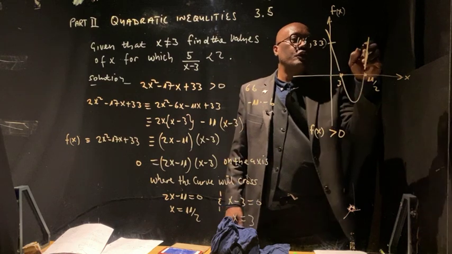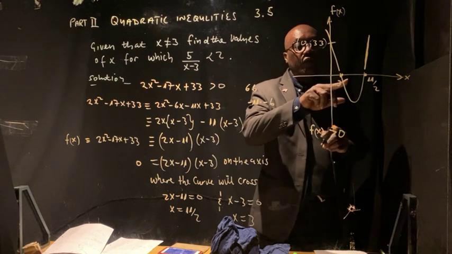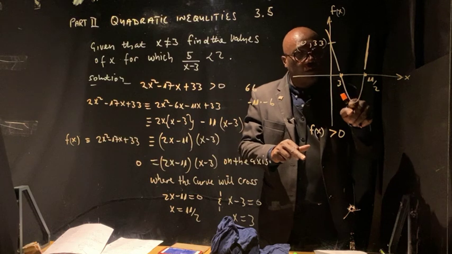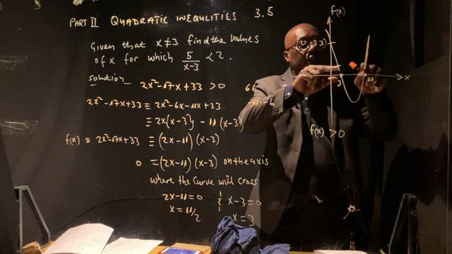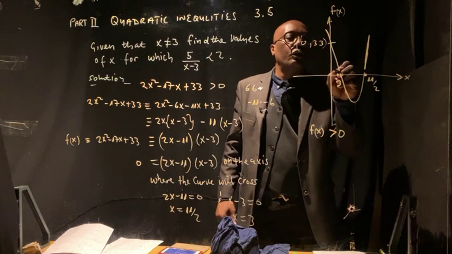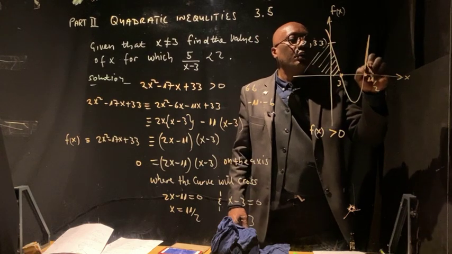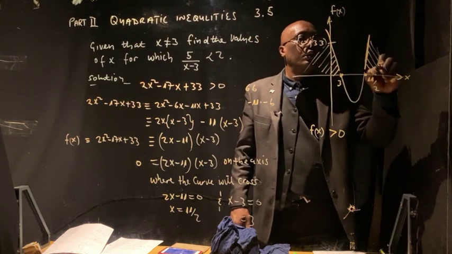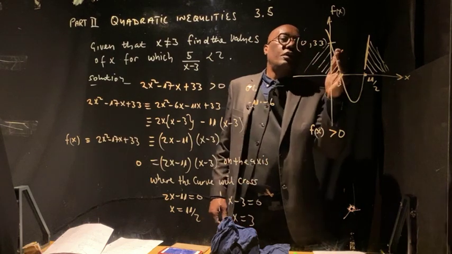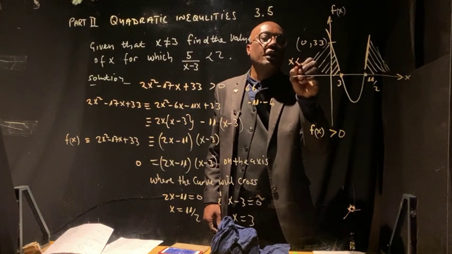F of x greater than 0 will be this one. But remember, we said that f of x less than 0 will be this section. And this section upward is f of x greater than 0. So, this is the section we are considering at this time. And we are interested in the x values. From this section going, the x value says that x is less than 3.